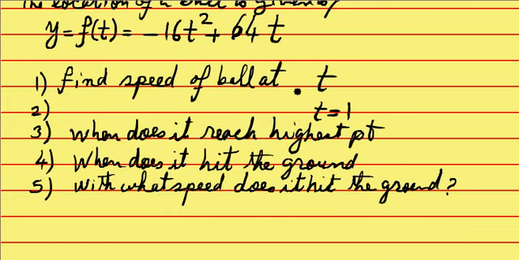Okay, how do you find speed? Well, we learned the word speed is a bit different from velocity. Maybe I should have just used the correct definition. Find velocity. Same thing here.